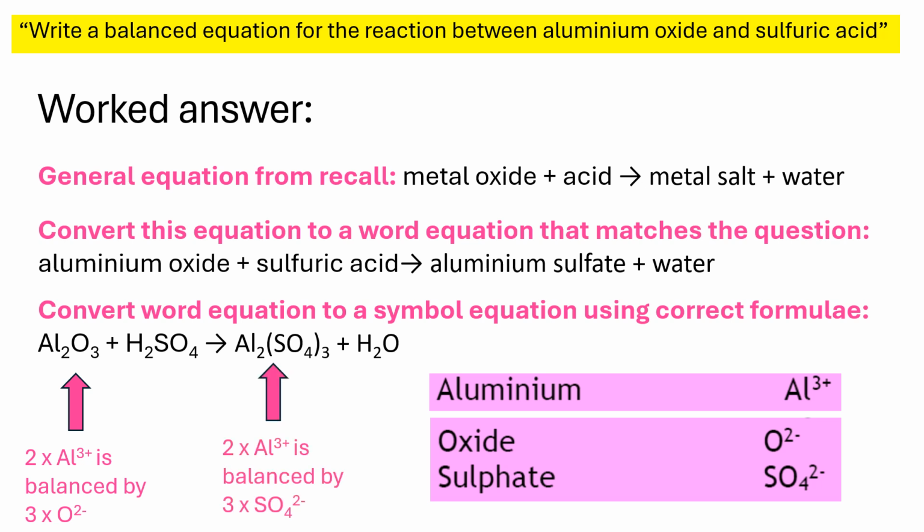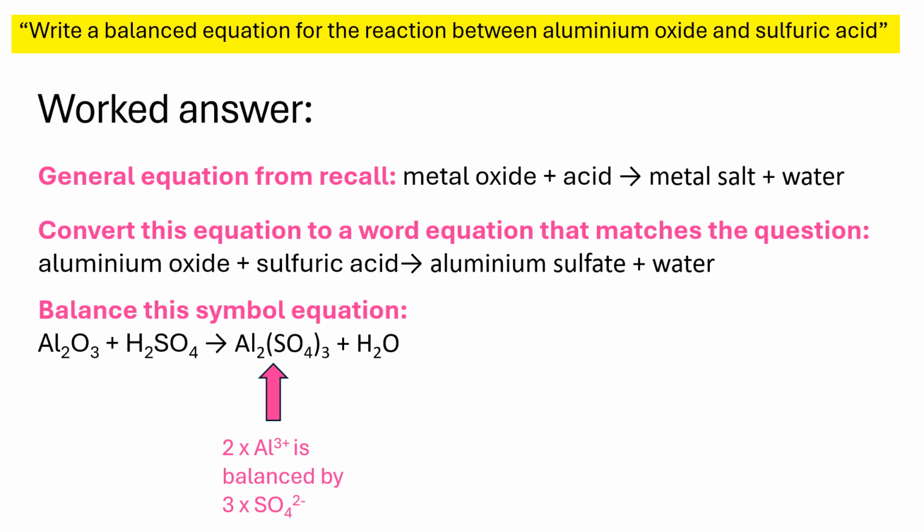In the same way, with aluminium sulfate, 2 Al3+ will be balanced with 3 times SO42-. In both cases the common charge multiple is 6: 2 times Al3+ makes 6+, 3 times O2- makes 6-, and so on.